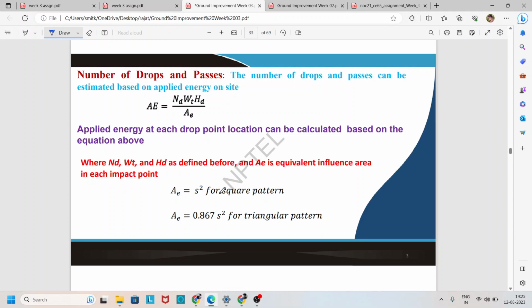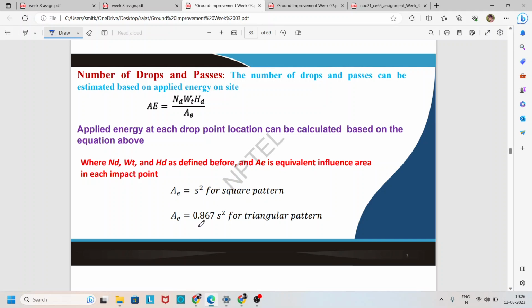It is given by the number of drops at that point times the weight of the hammer or temper times the drop height, and the total is divided by the influence area, A. Two formulas are given for A, where S is the spacing between two points. The equivalent influence area is S squared for a square pattern, and 0.87 S squared for a triangular pattern.